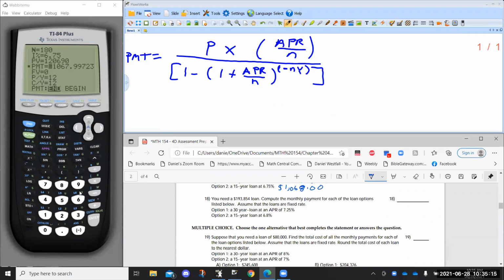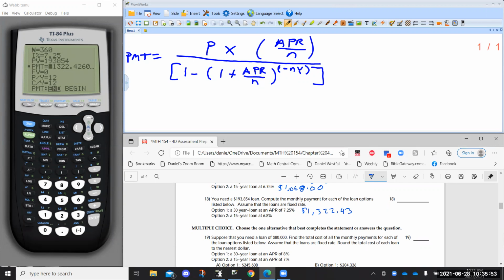Number 18, you need $193,854. Going to have a 30-year loan, so we're back to 360 payments here. 7.25%. The payment is going to be calculated to be $1,322.43.